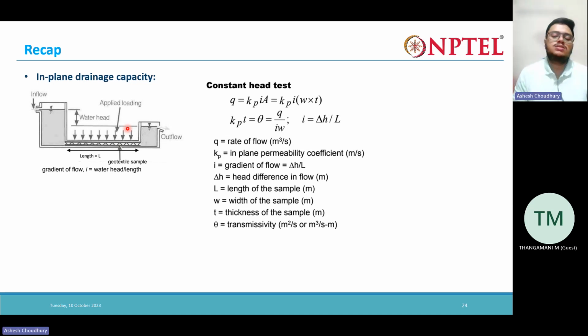So theta is dependent on two things: the gradient, and mostly the normal pressure acting over the geotextile.